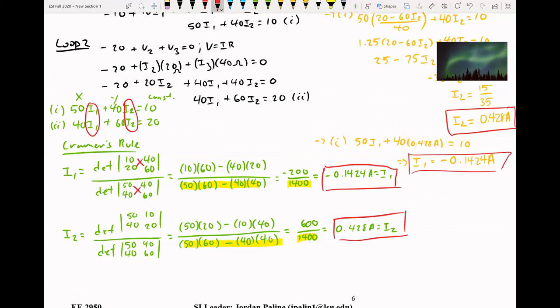And then for I of 3, so I of 3 is just equal to I1 plus I2. So therefore, I of 3 is equal to 0.286 amps.